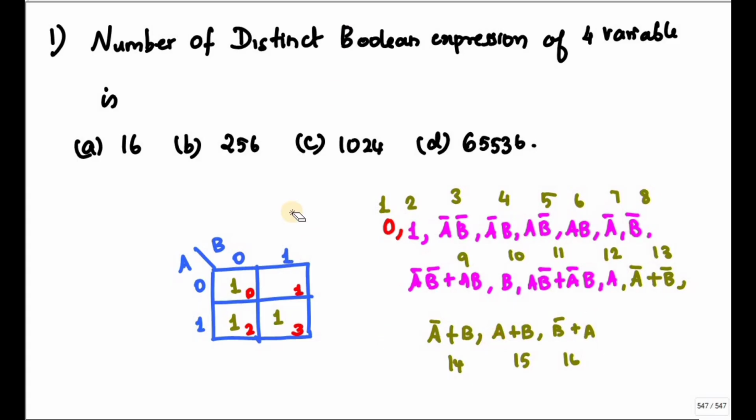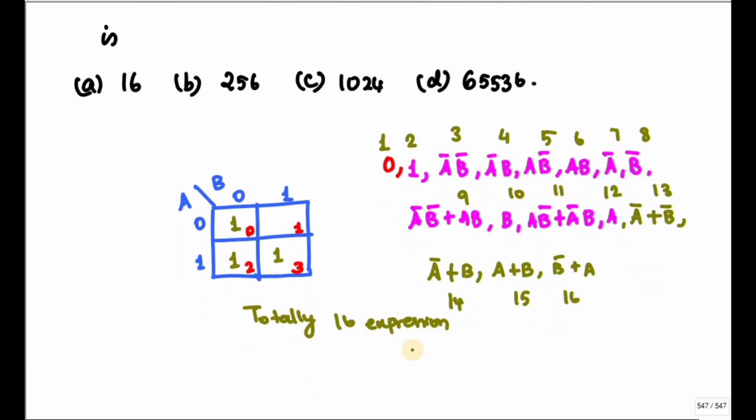So in total I have 16 expressions for two variables. So what will be my formula? It is 2 power 2 power n. Since here n is 2 variables, so 2 power 2 power 2, that is 2 power 4, that is 16 expressions you have.